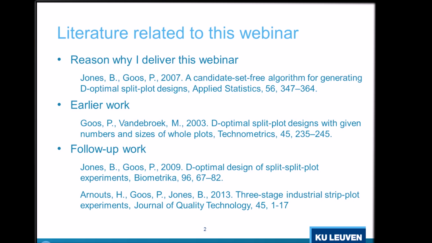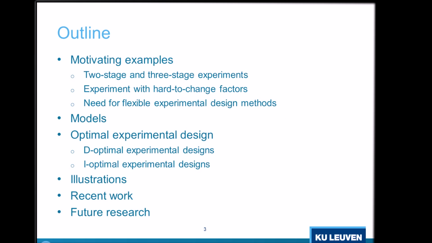And there was also some more follow-up work published, for example, in Journal of Quality Technology. And today I will not just talk about the 2007 paper, but I will also regularly refer to the 2009 Biometrika paper. So I will discuss both split plot and split-split-plot designs today.